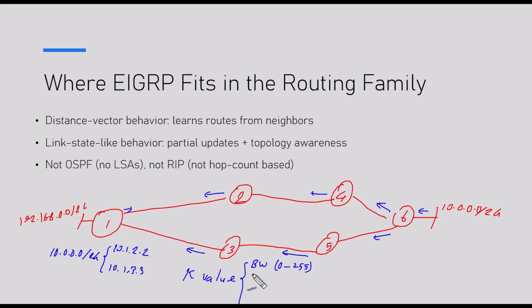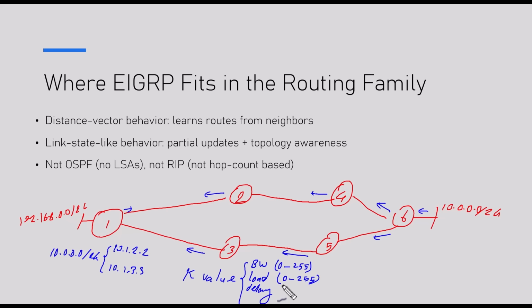The next one is, let's say, load. And load is going to have the same thing. So we can just say, okay, I don't care about this, which means that I'm going to multiply it by 0, or I can say this is very important for me, and multiply it by any number from 1 to 255. The next one is going to be delay.